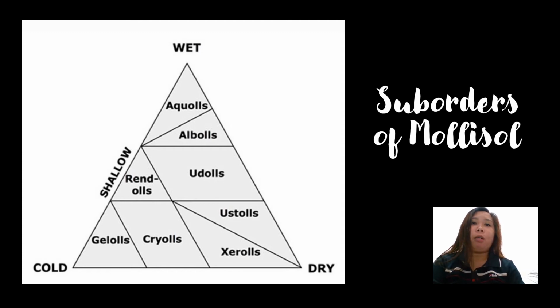Ustolls are those that are freely drained and commonly found in semi-arid to subhumid climates with an ustic soil moisture regime. And last but not the least are the udolls. These are soils that are more or less freely drained and are commonly found in humid regions.